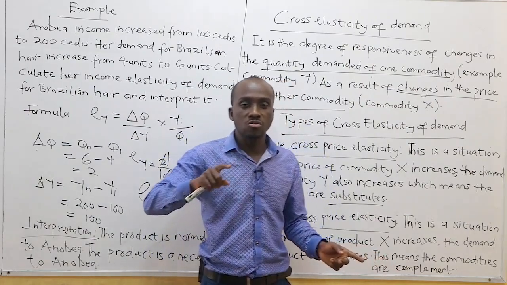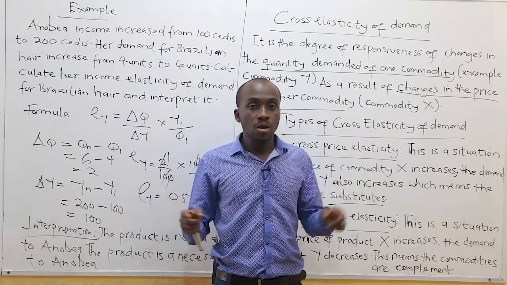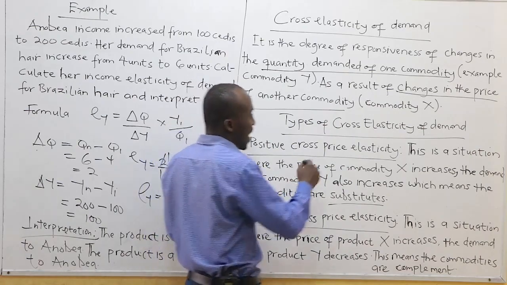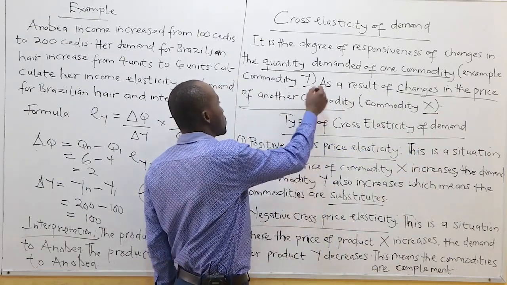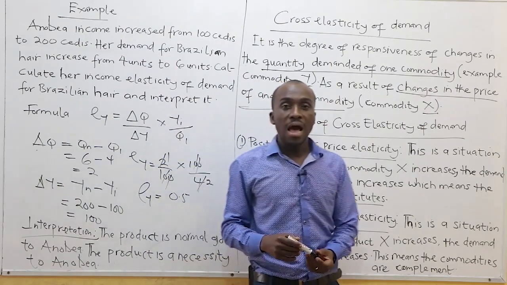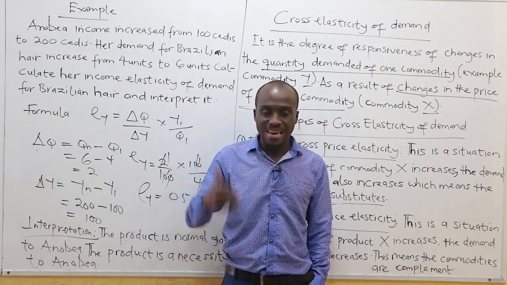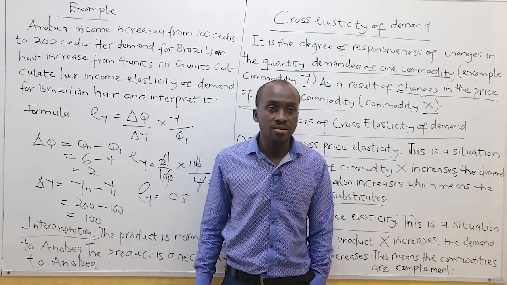When something is crossed, what do I mean? There are two separate things. So you're looking at how a change in the price of X affects the demand for Y. In other words, to what extent does the demand for Y respond to changes in the price of X?